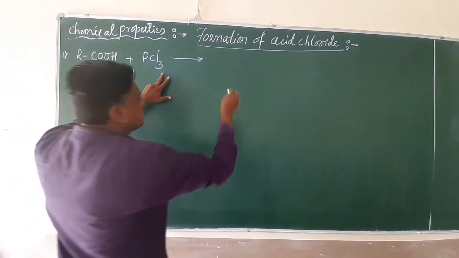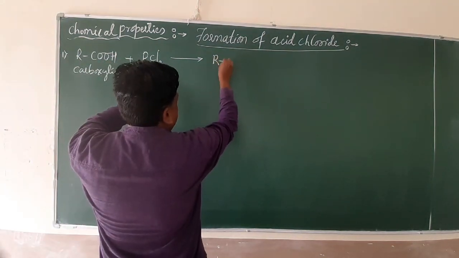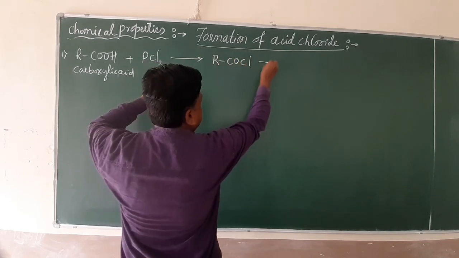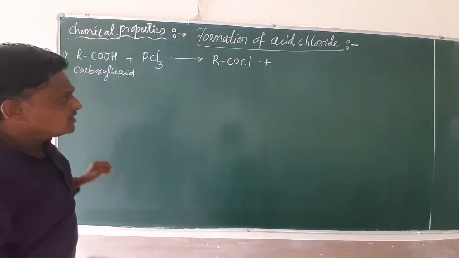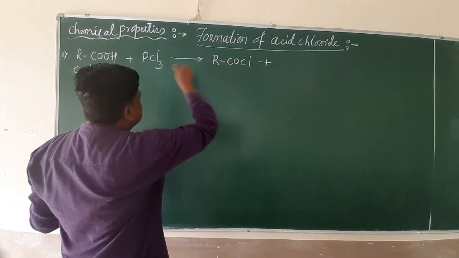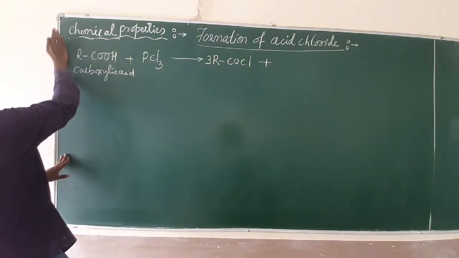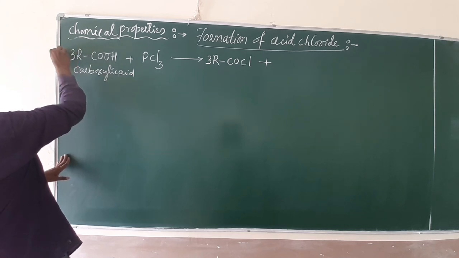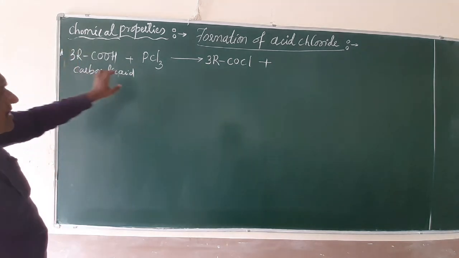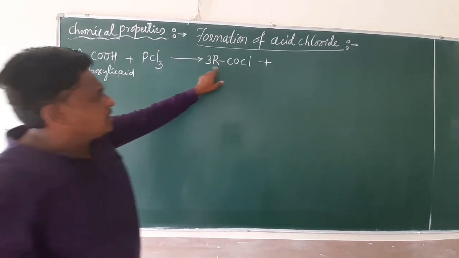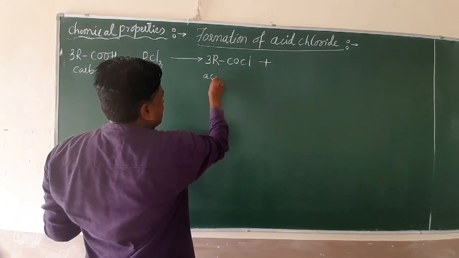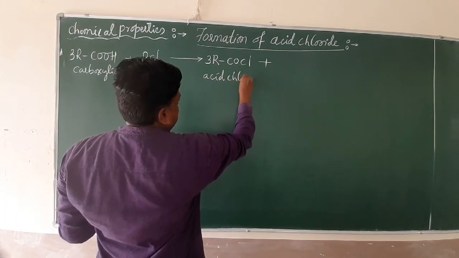The compound formed is RCOCl, which is your acid chloride, with removal of the three chlorines and balance with three moles of carboxylic acid. When carboxylic acid reacts with PCl3, it forms an acid chloride with 3 moles.